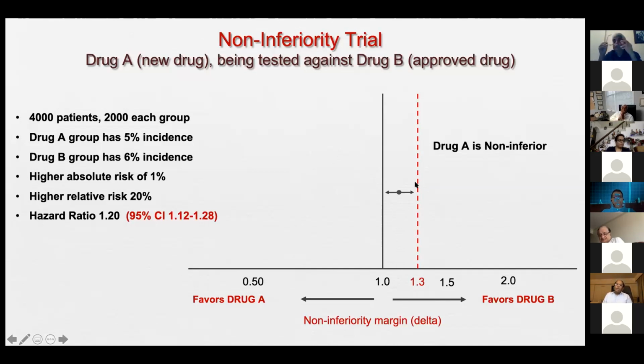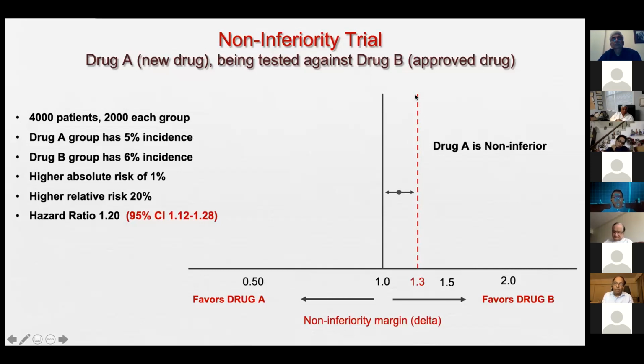So the question comes, who sets the non-inferiority margin? Obviously, if we set a wide non-inferiority margin, the drug which is being tested for non-inferiority has an advantage, and it may be approved despite being actually inferior. If you do a superiority trial, it will come out as inferior. But here, because we have set a non-inferiority margin, it is considered non-inferior. So who sets this line?